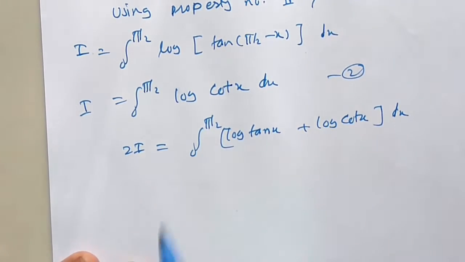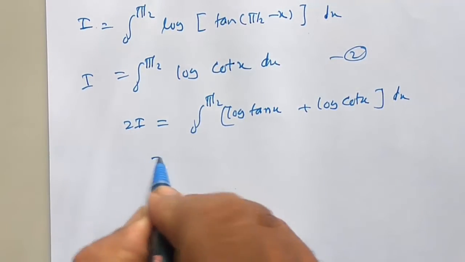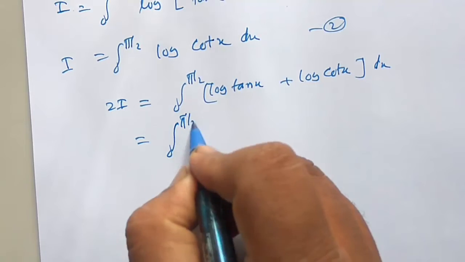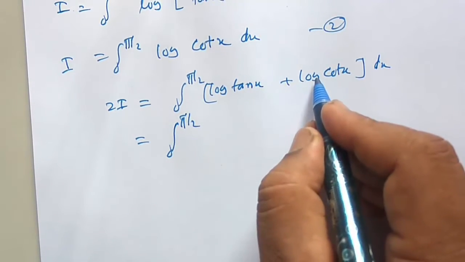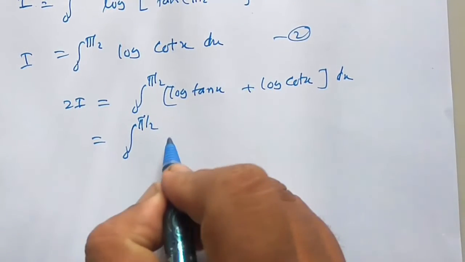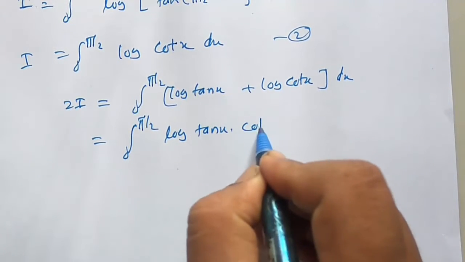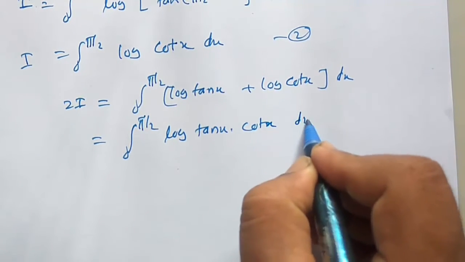Because the limits are same, this is equal to 0 to pi by 2. Log m plus log n is log of m into n. So it is log of tan x into cot x dx.